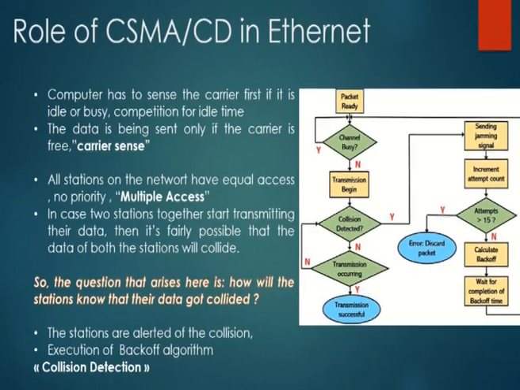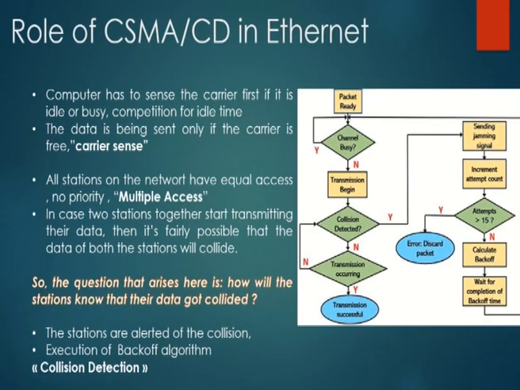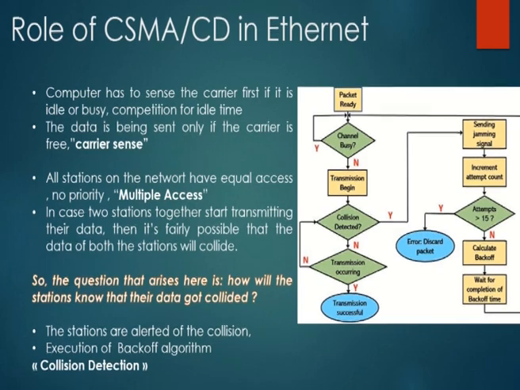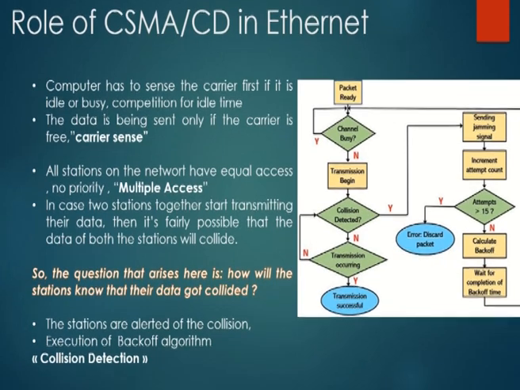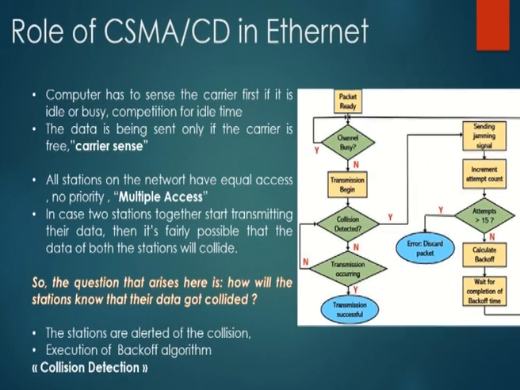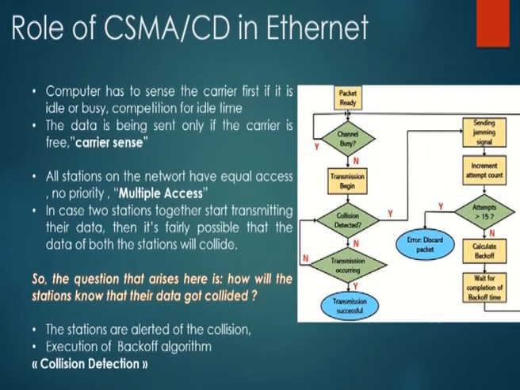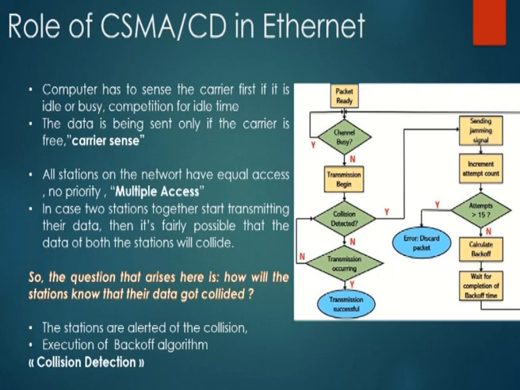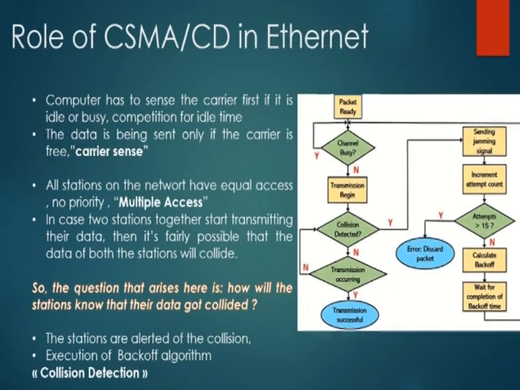The stations are alerted to the collision and they execute a back-off algorithm that randomly delays the transmission of the frame. This scenario prevents the machines from repeatedly attempting to transmit at the same time. Collisions are normally resolved in microseconds. This functionality is collision detection.